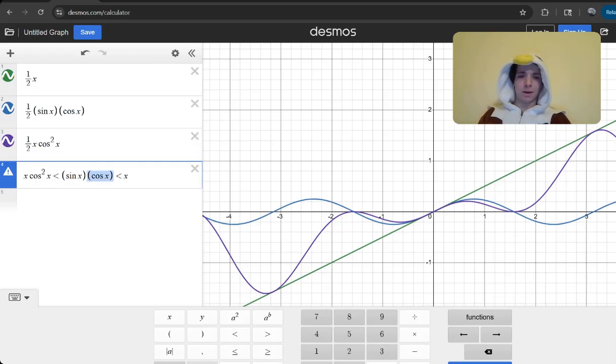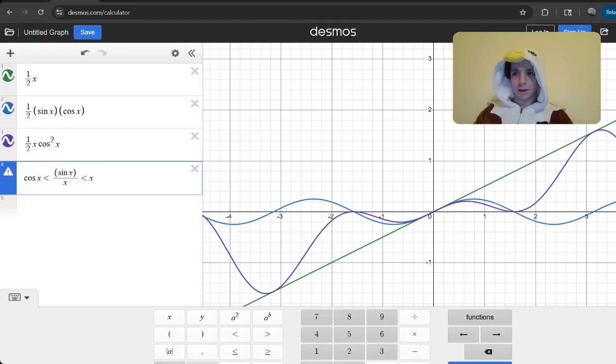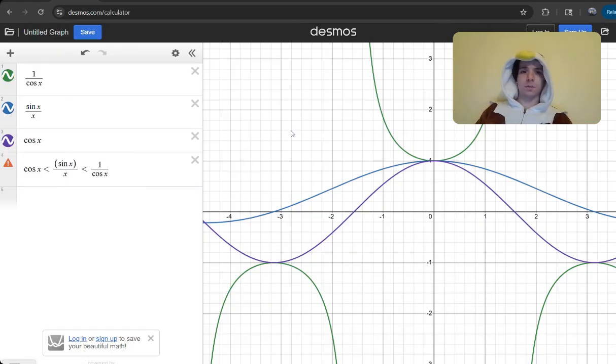So to do that, we divide by x cosine x. So we're going to divide to get sine of x over x. And this turns into cosine x. And this turns into 1 over cosine x. And that gives us our final inequality.